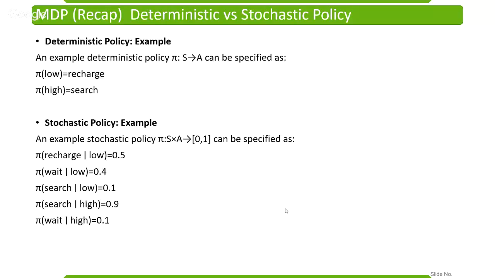What is the probability that it will wait if its current state is low, and what is the probability that it will search for a soda can if its current state is low? And what is the probability that it will search if its state is high, and similarly wait if its state is high.